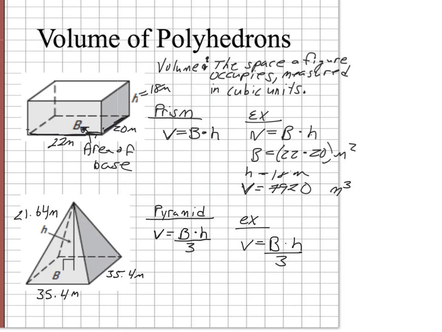For the area of the base, this is a square, so area of a square is side squared. So I have 35.4, which is my side length, squared.